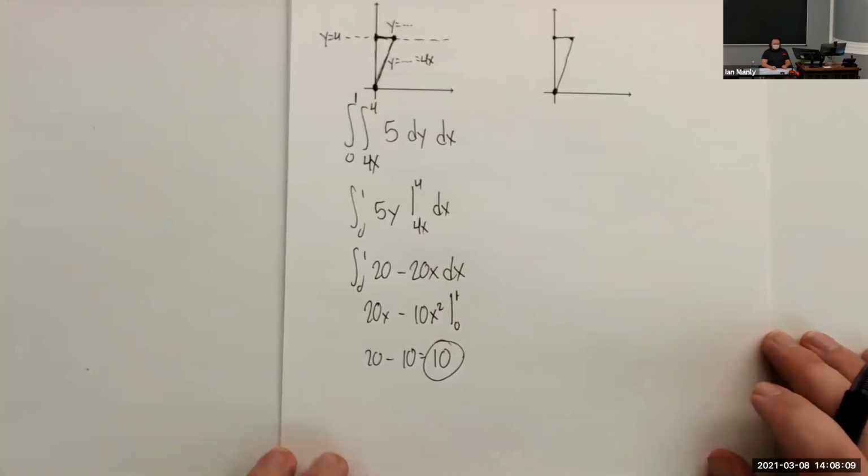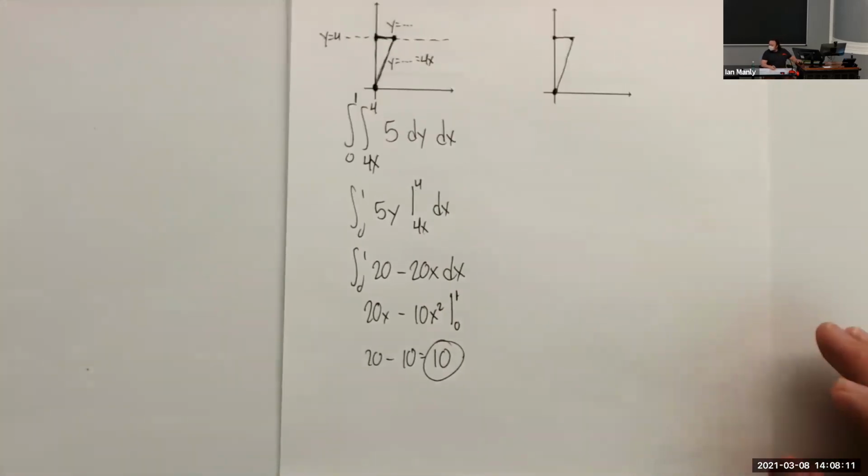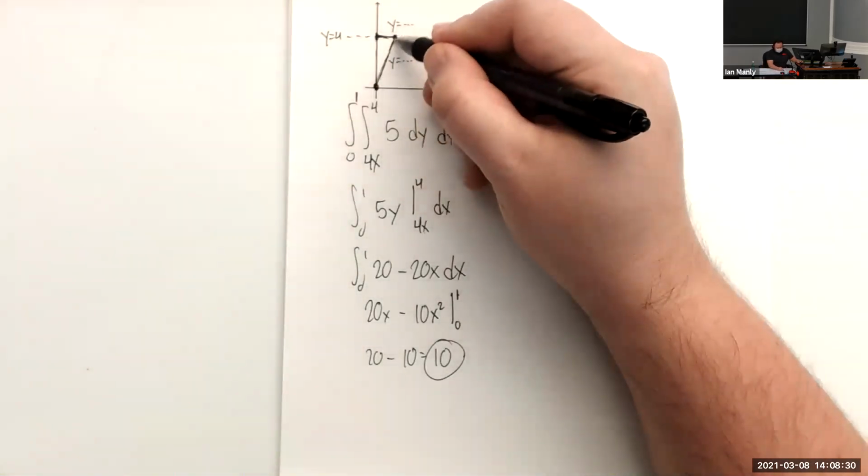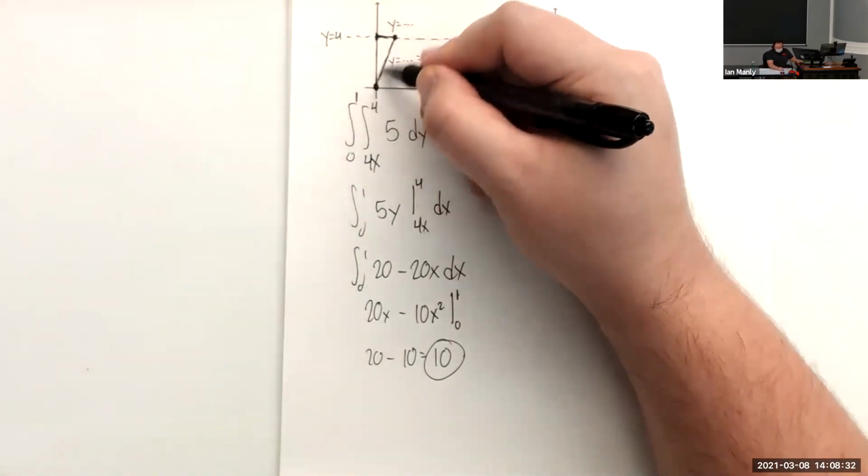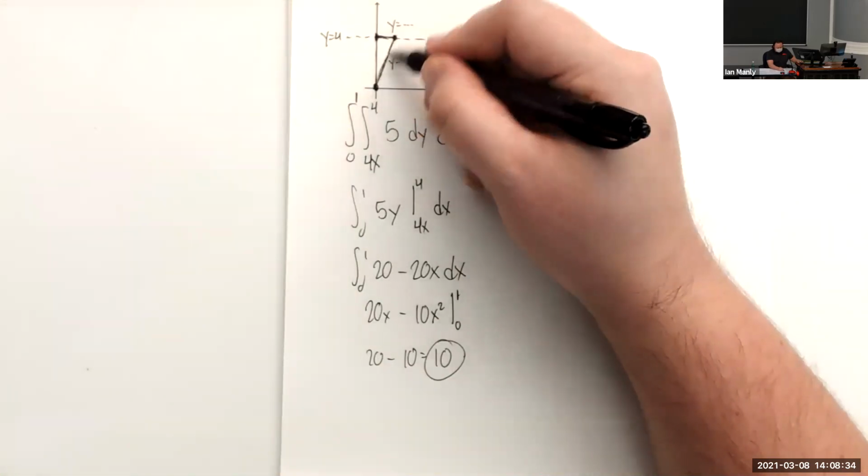All right. Let's see. Looks like we missed a question here. Why was 4x used instead of 0? Because 4x was our lower bound for y right here.